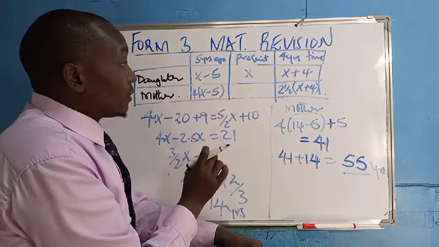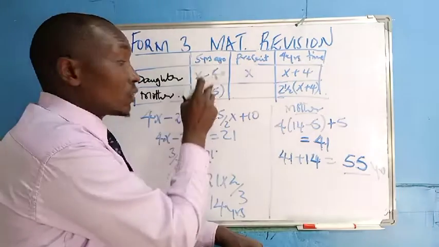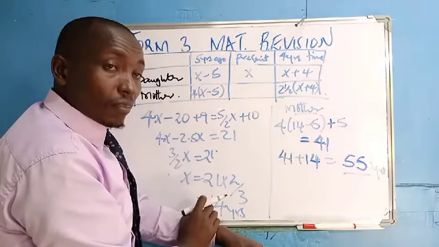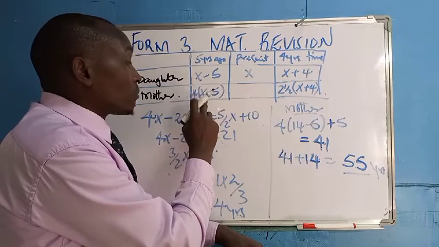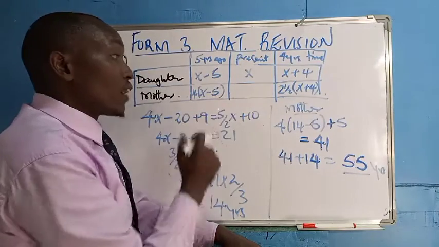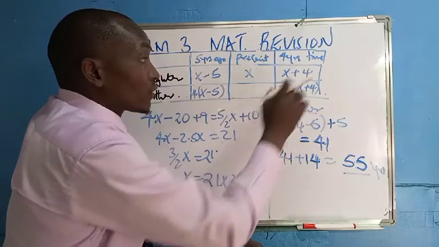And the statement is very clear that the age of the mother was 4 times the age of the daughter. So if the daughter is x minus 5, therefore, the mother will be 4 times. That is 4 multiplied by x minus 5. That is the age of the mother 5 years ago. In 4 years' time, the daughter will be x plus 4.